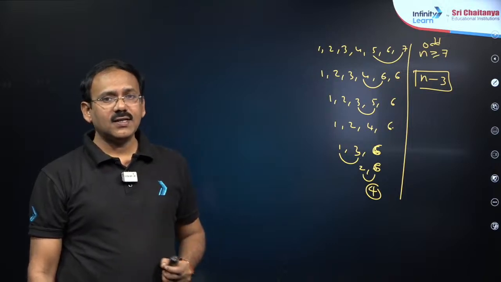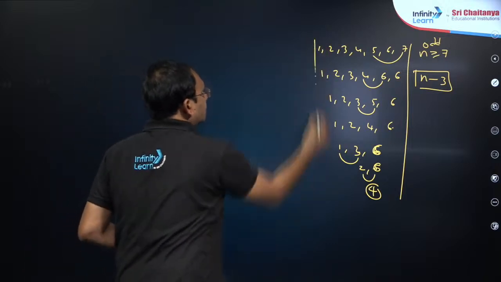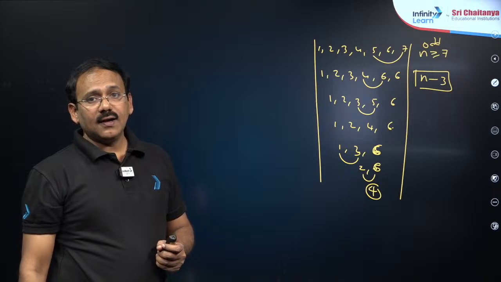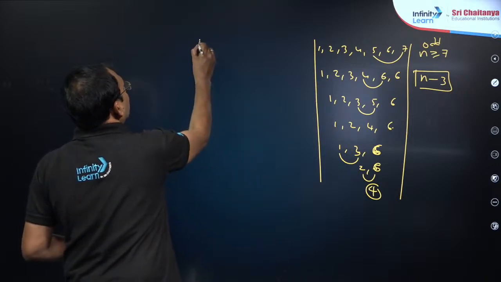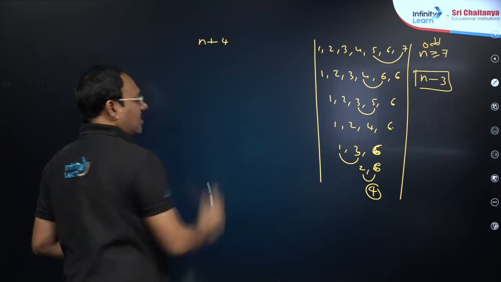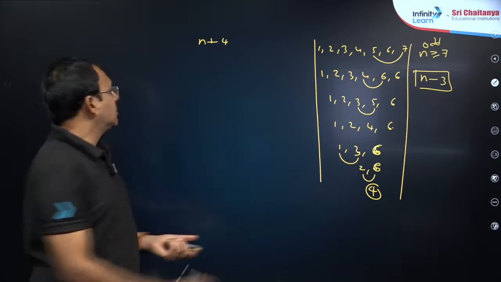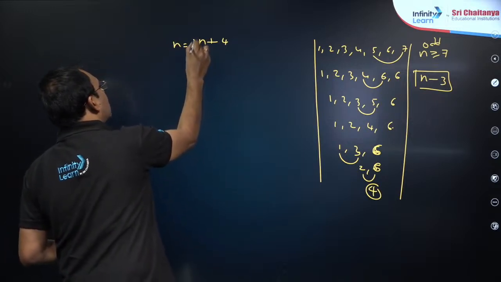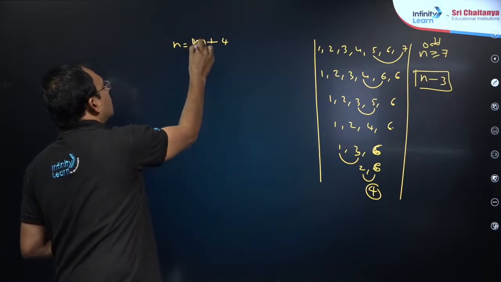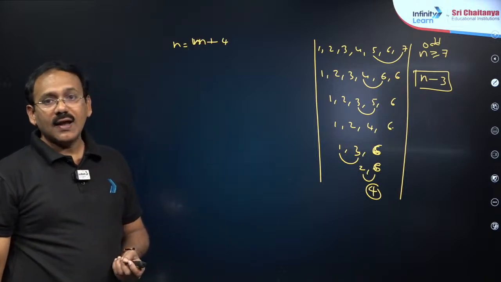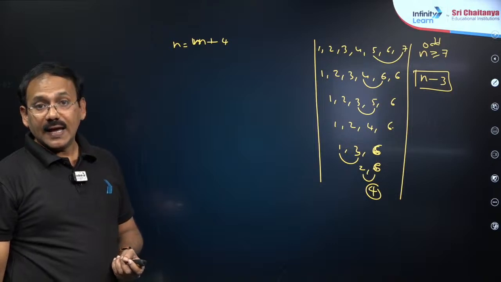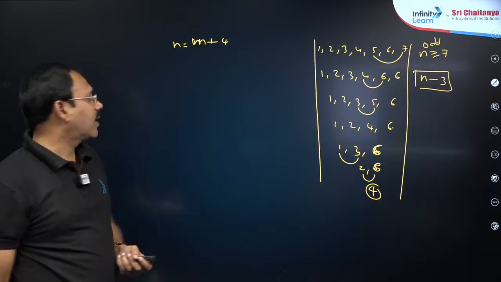Next, my dear friends, you take the first n natural numbers, where suppose n is equal to m plus 4, and n is odd and n is greater than or equal to 9.